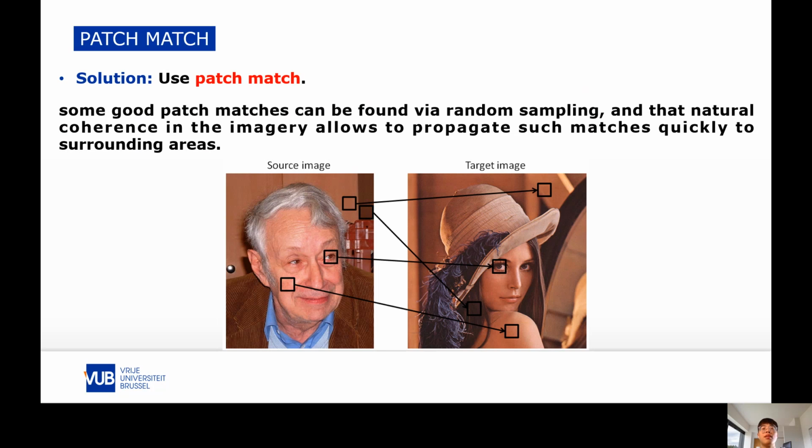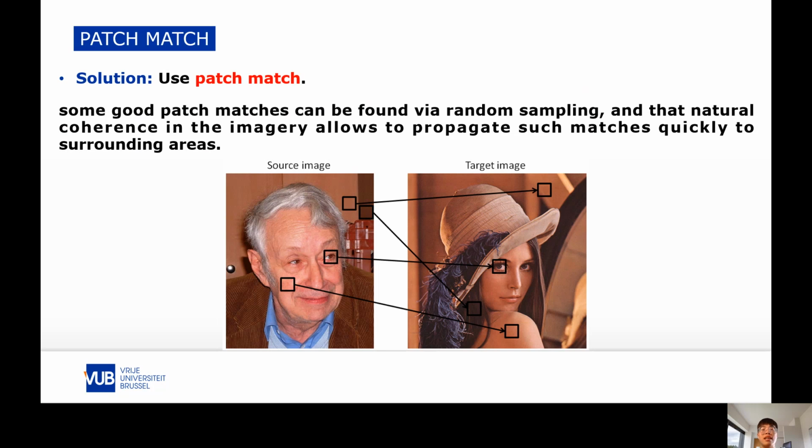The main idea of the algorithm is that we can find some good patch matching by random sampling, and according to the natural consistency of the image, we can quickly propagate this patch to the surrounding area.